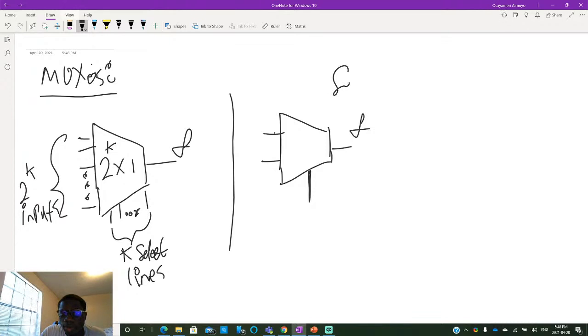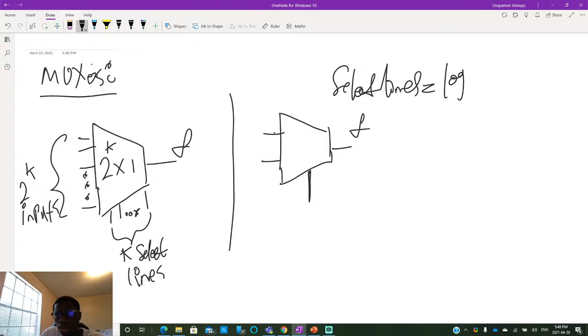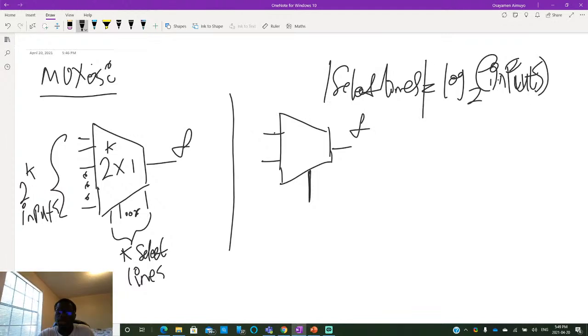So the cardinality of select lines equals log base 2 of the inputs.